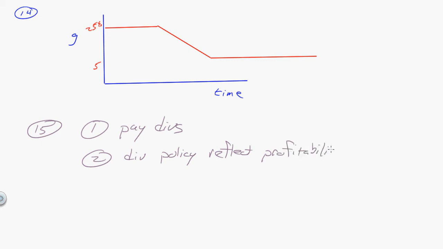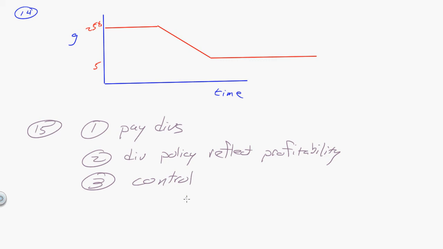So I can't be paying a penny dividend or a 2-cent dividend just to say I'm paying a dividend. It actually has to reflect the profitability of the firm. And 3, I'm not talking about taking control. I'm not Warren Buffett buying the whole company out where I can then change the dividend policy. I'm just buying a few shares of it.